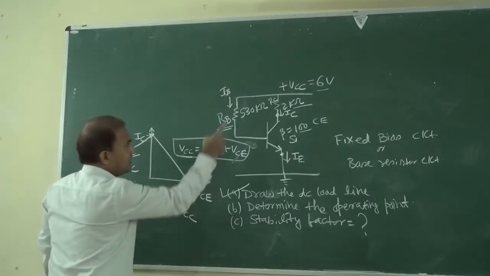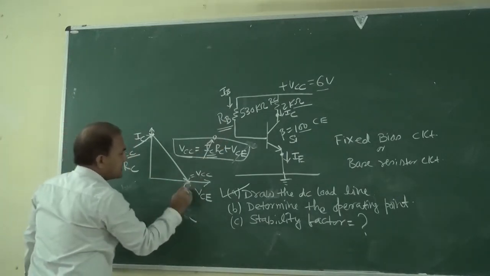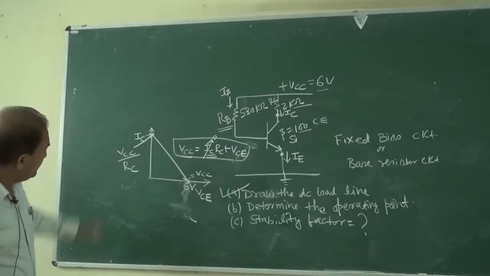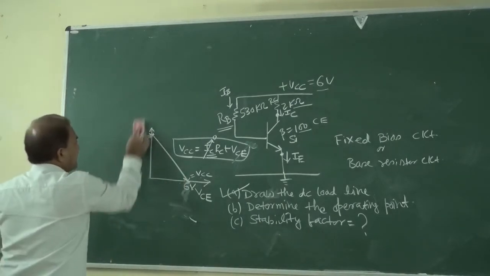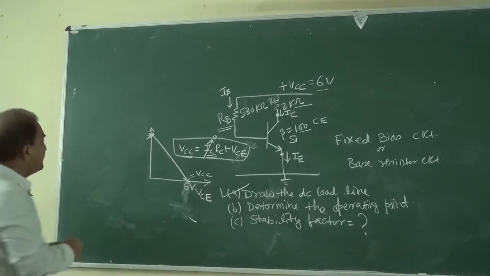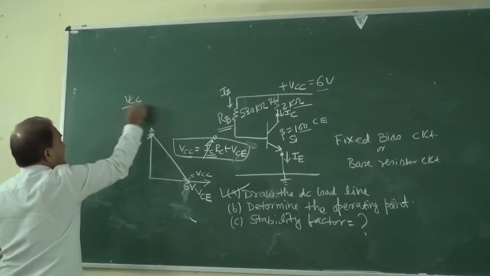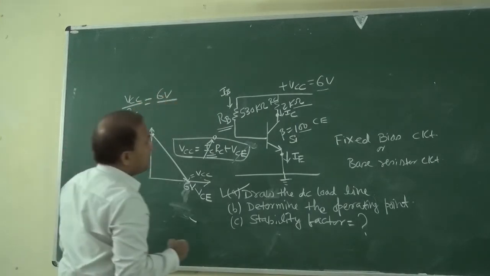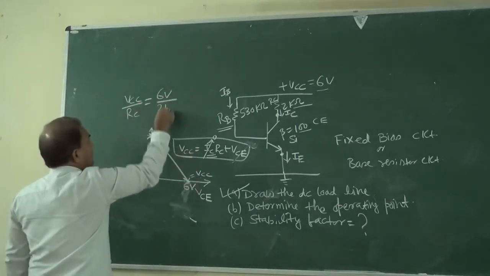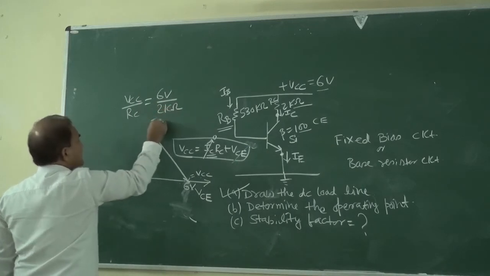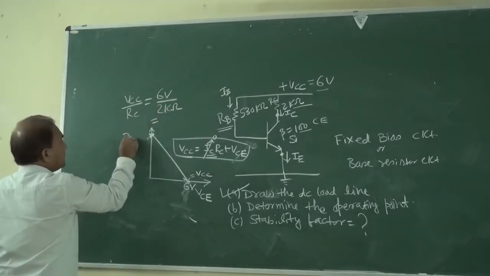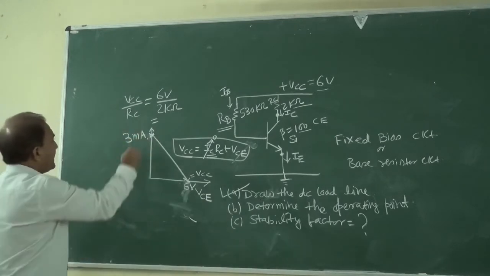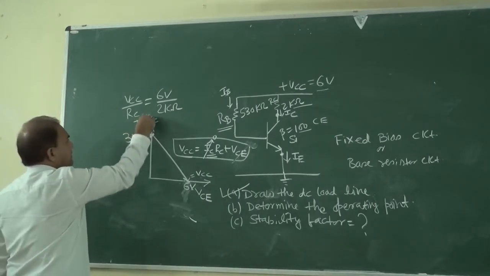This point is VCC, we can write here 6 volt, and this point is VCC by RC, which is 6 volt divided by RC, 2 kilo ohm, so it is equal to 3 milliampere. And this is the axis of IC.